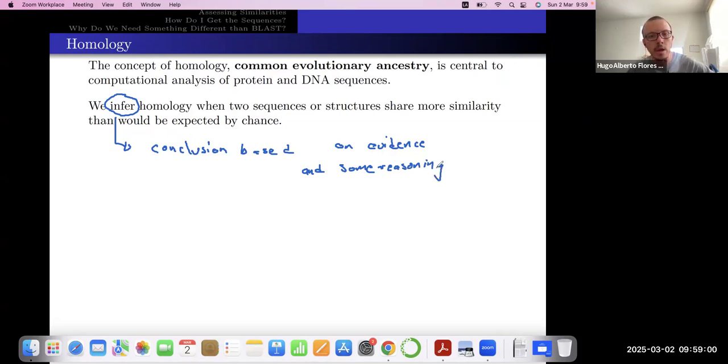Okay. And after that, as you may guess, well, maybe yes, maybe not, I'm going to start talking about some cutoff or some idea of similarities to try to understand what this idea of more similarity than expected by chance is. And for sure, I don't know if that connects with you, with the concept of statistics and probability.